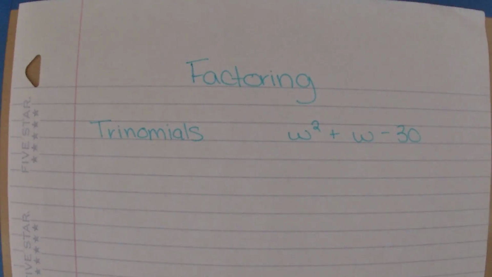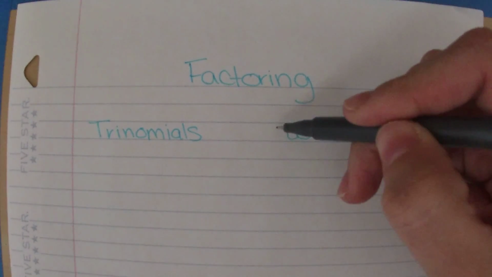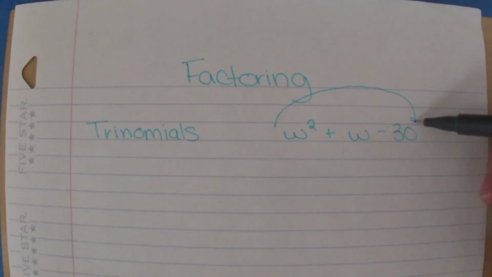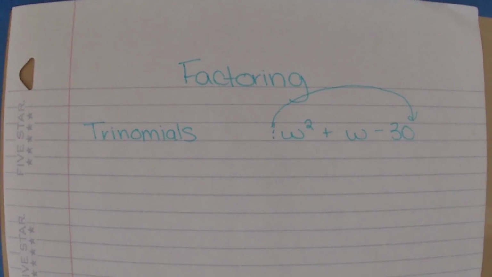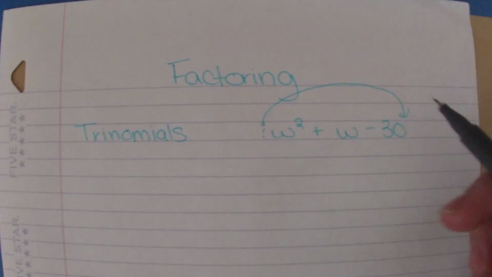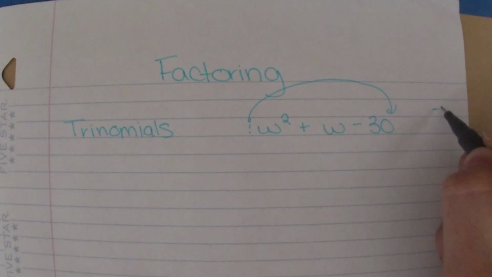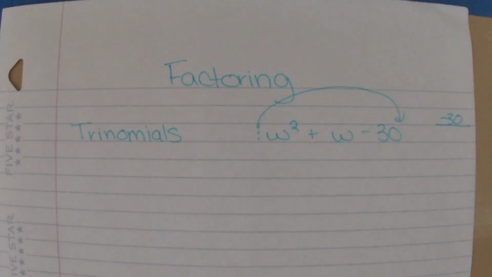When we're factoring a trinomial, we're always doing that a times c type thing. So we want to multiply our a times our c, where our a in this case, because we don't really see it, is really a 1. So we're taking 1 times negative 30, which gives us negative 30.